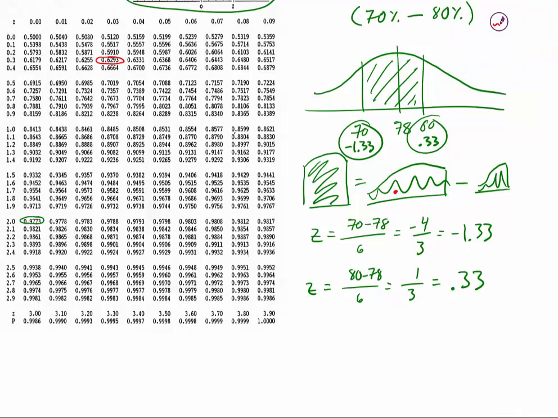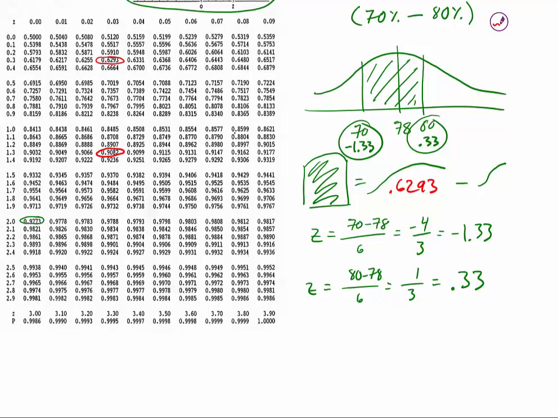So here I've got 0.6293. Well, let's just do this. 0.6293. And for this one, I'm at negative 1.33. Negative 1.33 will put me right here.